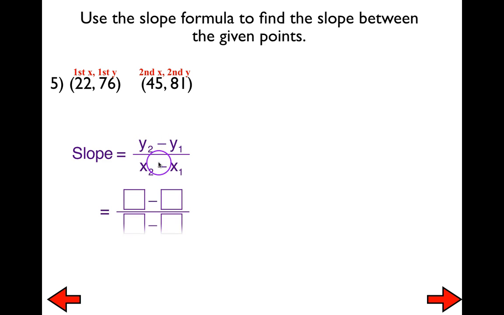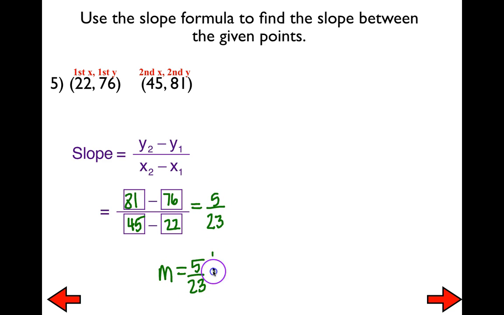Here, now that I have my boxes, I'm going to go ahead and plug in the second y, which is 81, the first y, which is 76, and find the difference between those, which is 5, and do the same thing here. What is the second x? The second x is 45. What is the first x? The first x is 22. So 45 minus 22 is 23. So here I would say, since I can't reduce this fraction, that the slope is 5 over 23.